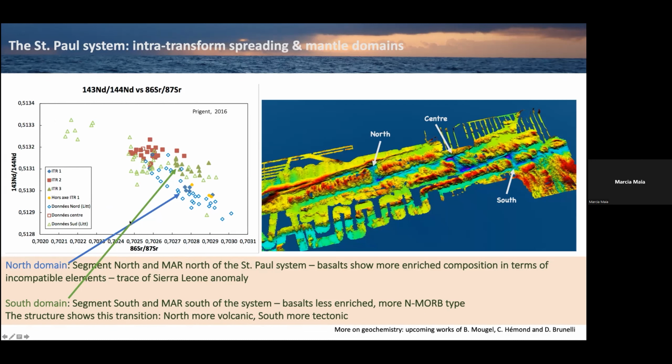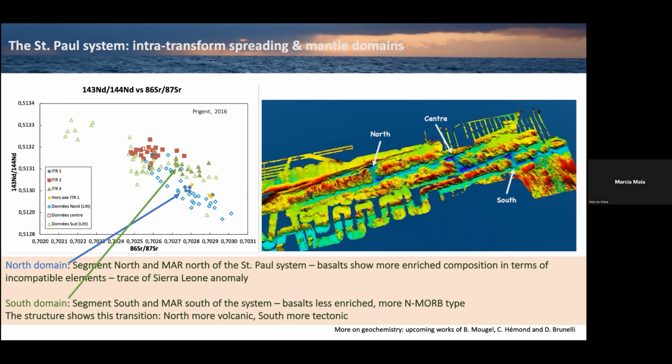And what you can see is that the intra-transform segment north actually has the same kind of composition as the north Mars domain. So this segment is very similar in terms of fertility to the north Mars segment that's propagating south and is so vigorous in propagating south, while the south segment and the central segment belong to another province, the southern mantle domain, which is less enriched and has lower melt degrees.